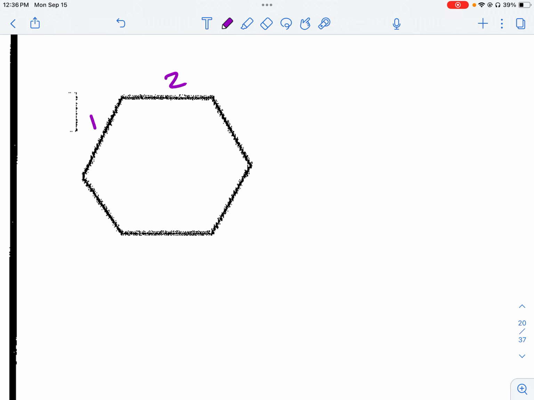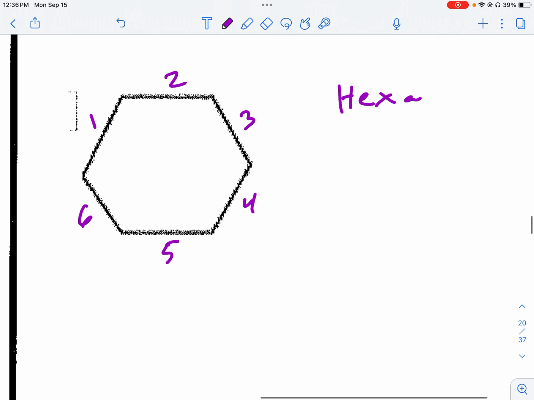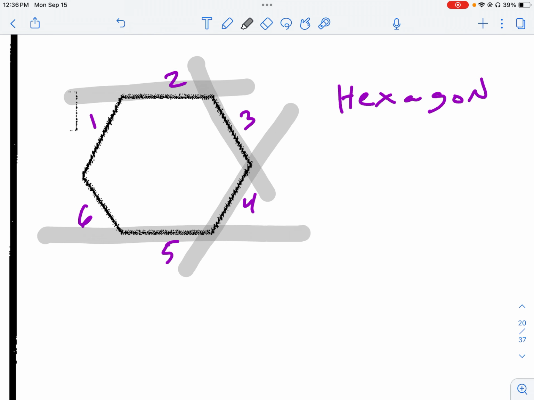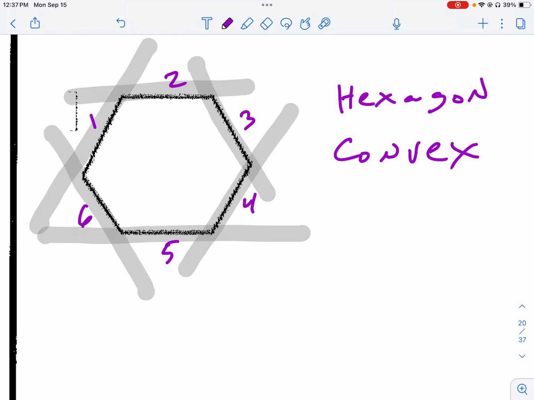So this one has 1, 2, 3, 4, 5, 6 sides. That makes it a hexagon. And none of the sides of the polygon extend inside, so it is convex.